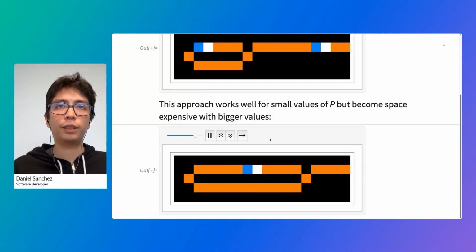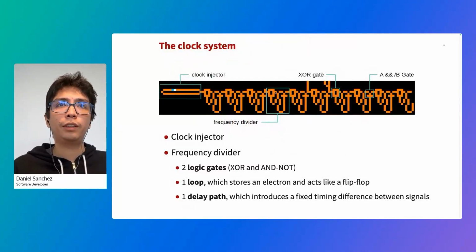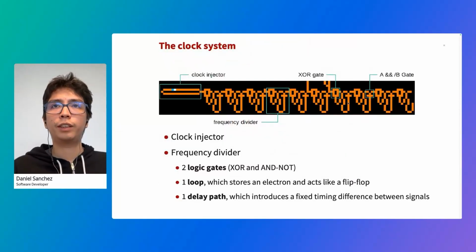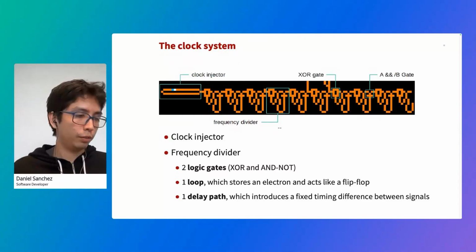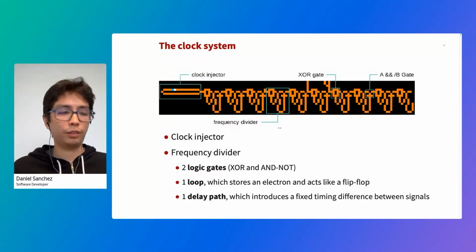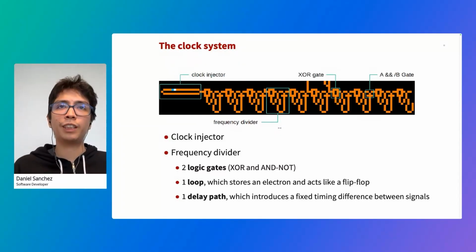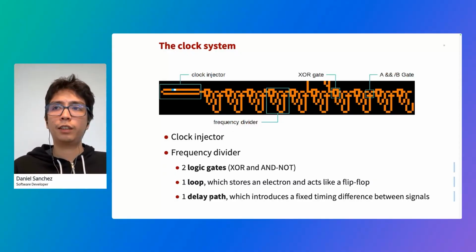And that's why we have this clock system, which introduces these frequency dividers that will divide the frequency or, vice versa, multiply the period by 2. And it's composed of 2 logic gates, the XOR and the AND NOT gate.